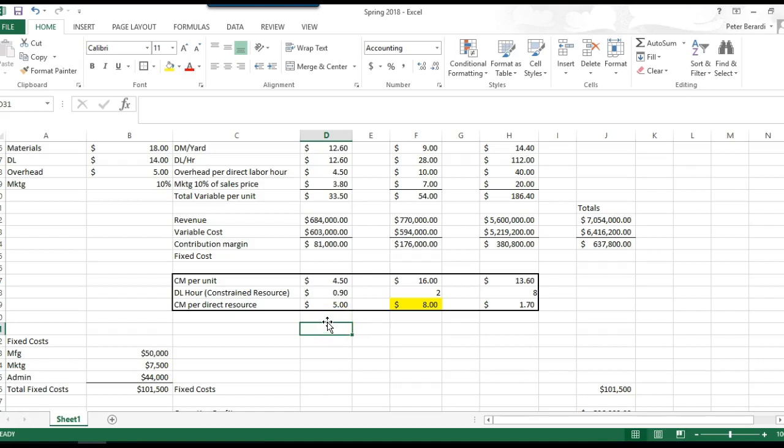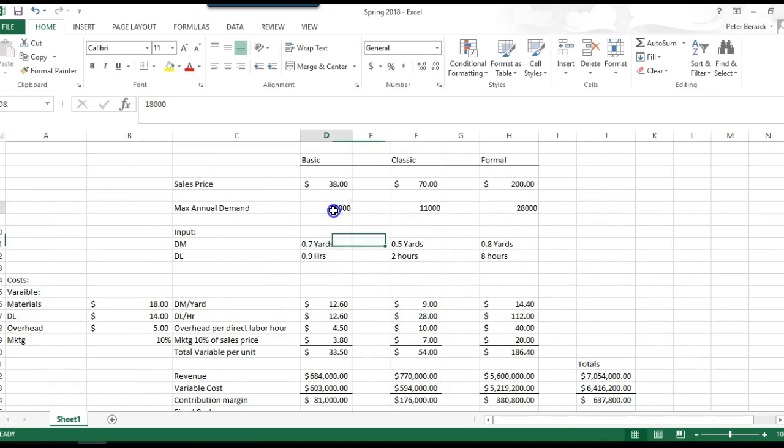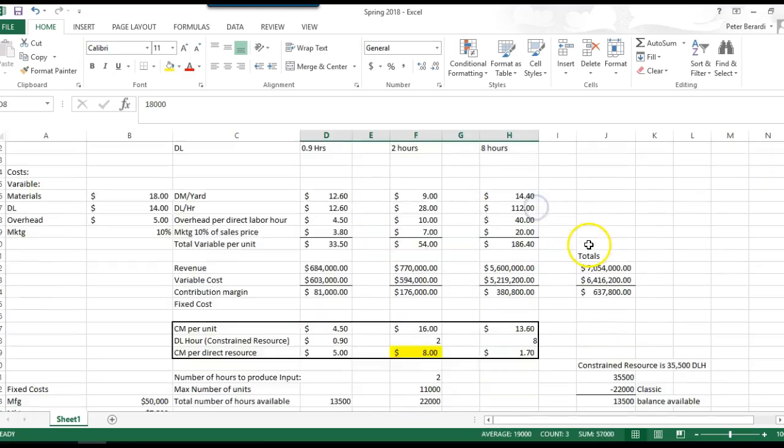In this case, D1, they want us to calculate the contribution margin for each type of dress shirt based on the constrained resource. So to figure out the contribution margin for each type of dress shirt based on our constraint, the constrained resource in the problem tells us there are only 35,500 direct labor hours available to produce these 3 shirts or these number of units.